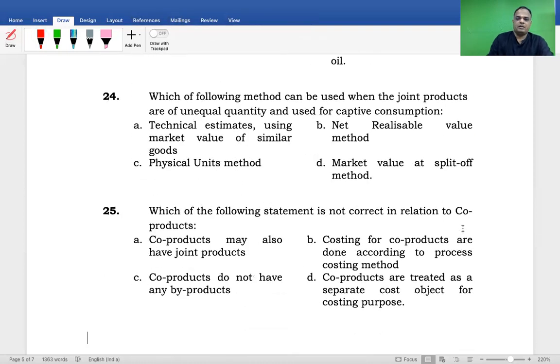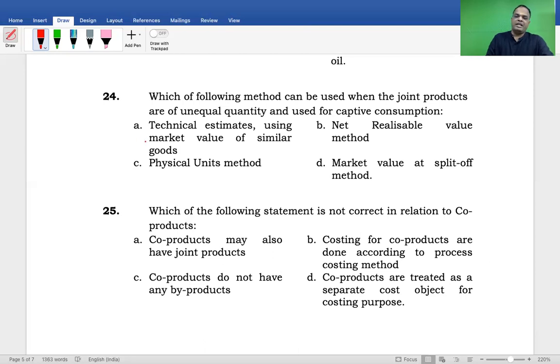Next. Which of the following methods can be used when the joint products are of unequal quantity and used for captive consumption? Technical estimation using market value of similar goods, net realizable value method, physical unit method, market value at the split off point method.